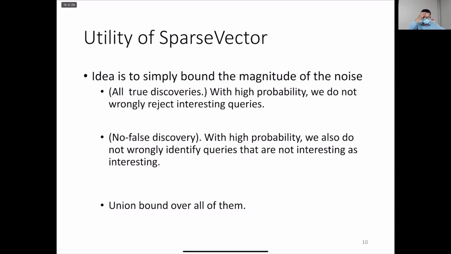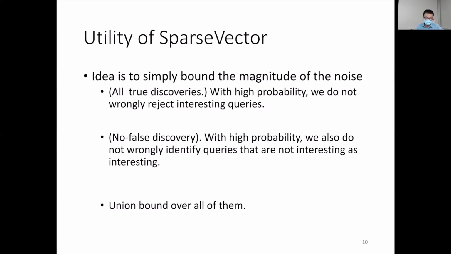All right. So the first thing that we'll analyze is the utility of the sparse vector algorithm. How should we even think about the utility of the sparse vector algorithm? It is a selection algorithm. It selects, out of an online sequence of queries, a subset of them that are interesting. So we can define the utility to be whether, among those outputs that are tops, they are truly interesting.